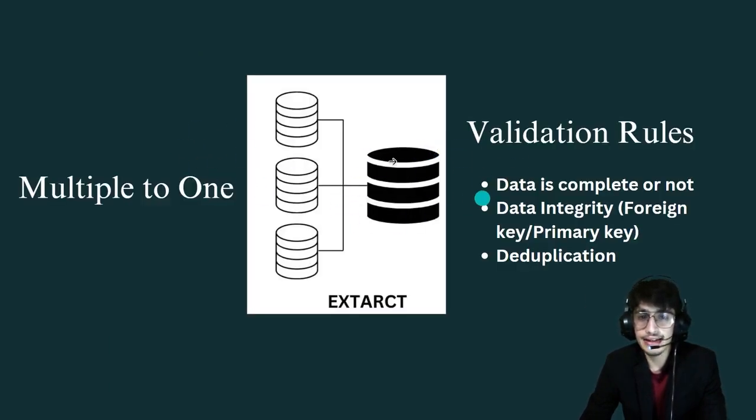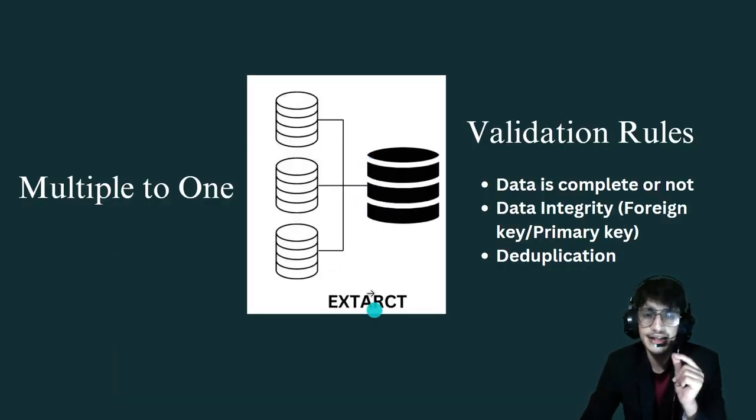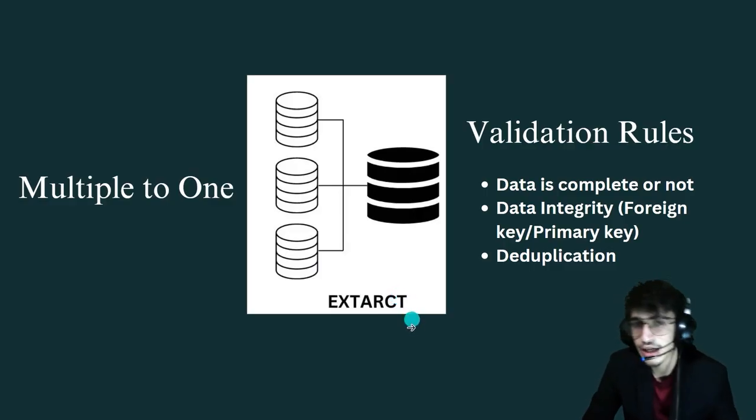Let's understand three topics before jumping into data integration. First of all, in the definition, we studied the word retrieve. What do you mean by retrieve? Retrieve means extract. What are we extracting? Our first step is to extract data from multiple sources into one database.